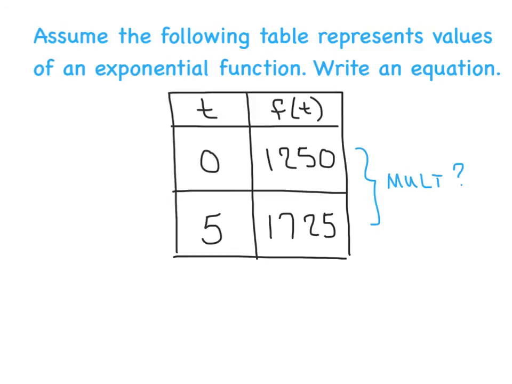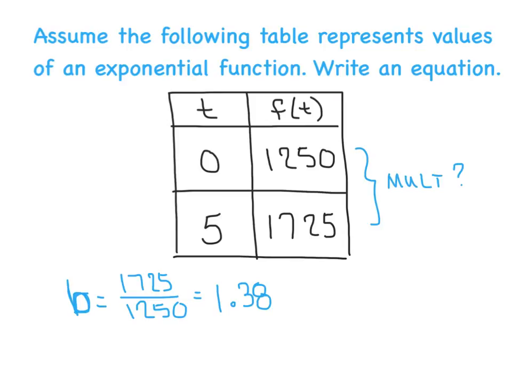So in other words, here's what we're going to do. In order to determine the growth factor, or better yet, we'll just jump right to the value of b. It's going to be 1,725 divided by 1,250, and I got, let's see, I think that's 1.38. Let me double check. Yeah, 1.38. So it's growing at about 38%.